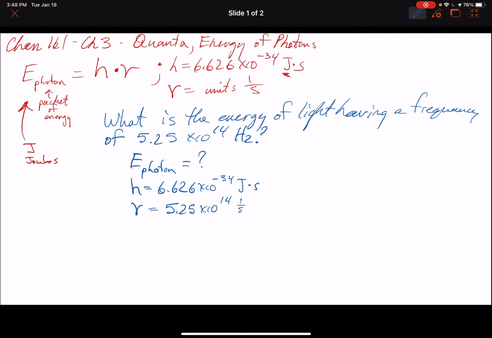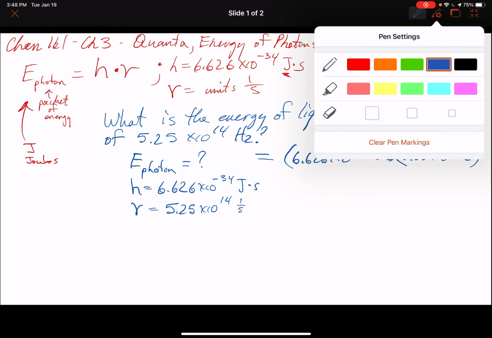So we can use the equation, which simply tells us to multiply these things together. So 6.626 times 10 to the minus 34 joule seconds times 5.25 times 10 to the power 14 per second.